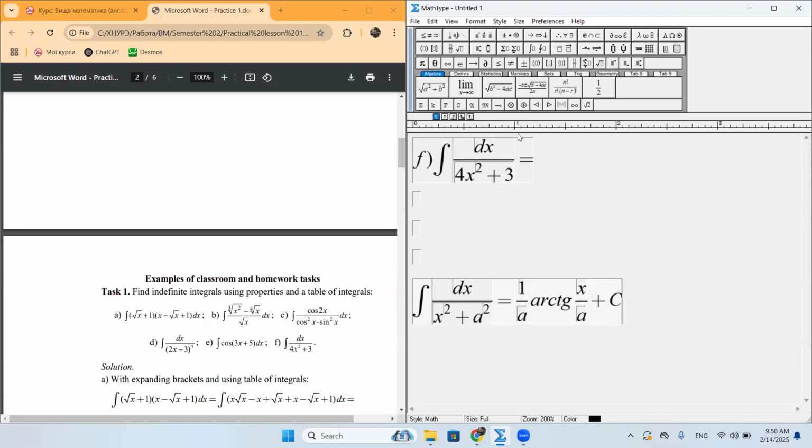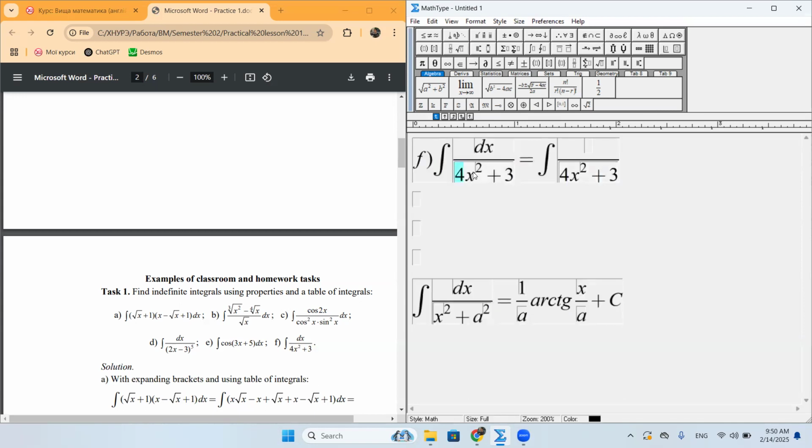So we need to transform this integral to be a table integral, after calculating which we will receive arctangent.